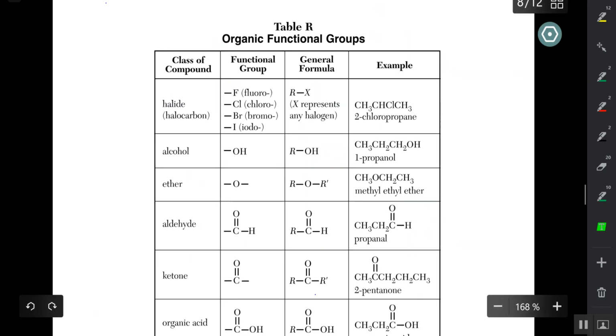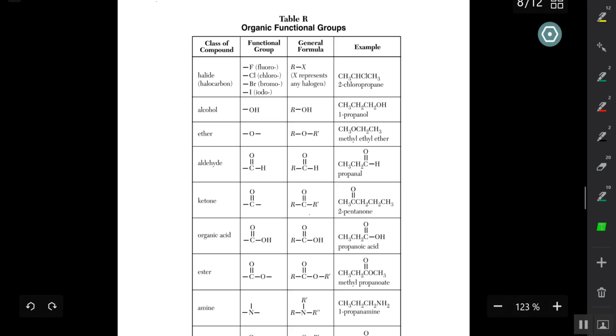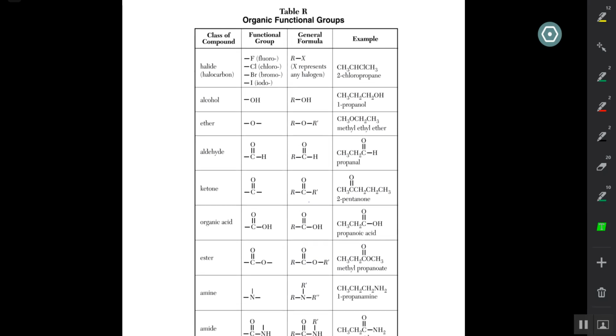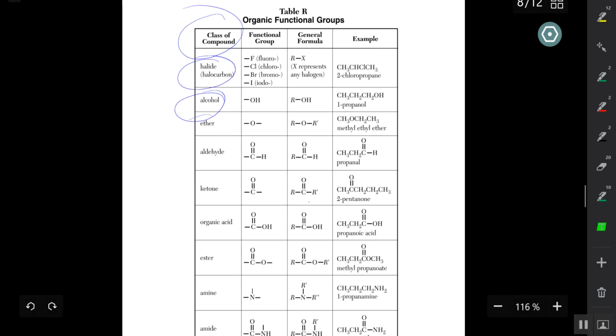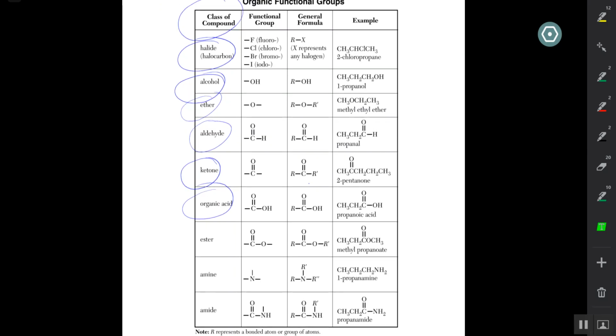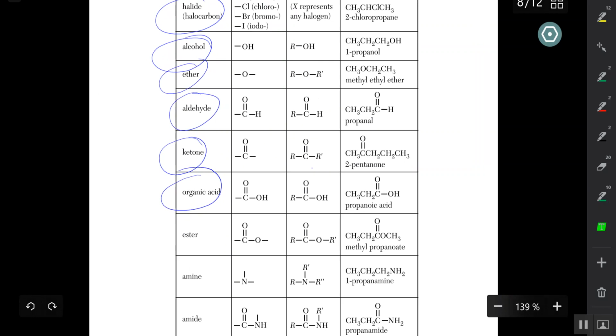And here's table R, which contains a bunch of different classes of compounds: halides, alcohols, ethers, aldehydes, ketones, organic acids. And similarly, they have to have a specific ending.